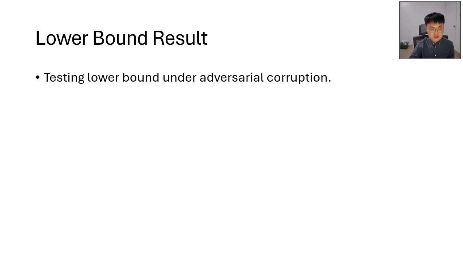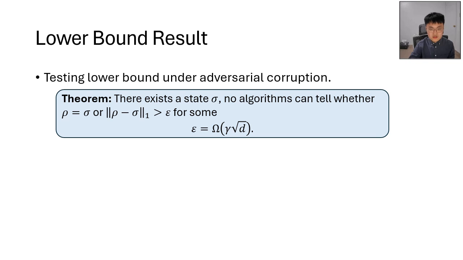So now I will introduce the results. The main question is, under our stronger noise model, can we obtain a similar performance? So we start with the lower bound on the problem of quantum state testing. We show that there exists a quantum state such that no algorithms using non-adaptive single copy measurements can tell whether a state is equal or epsilon far from the state, and the epsilon has to be at least gamma times square root d.